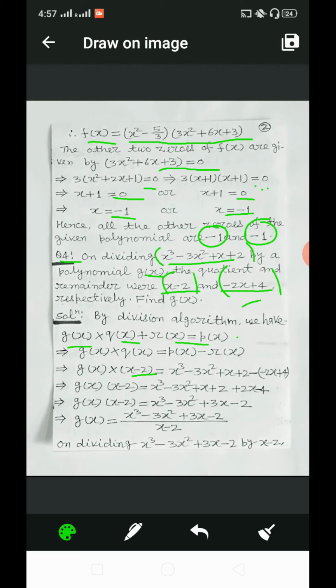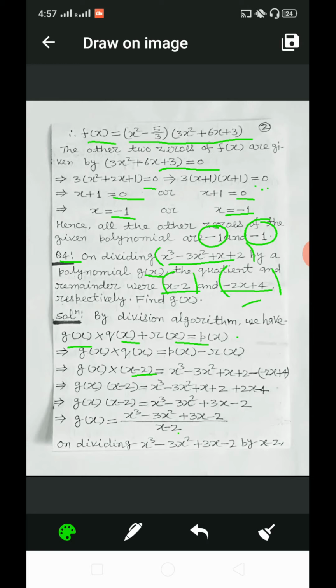This implies g(x) into x minus 2 equal to x cube minus 3x square plus x plus 2 plus 2x minus 4, and after solving we get g(x) into x minus 2 equal to x cube minus 3x square plus 3x minus 2. This implies g(x) is equal to x cube minus 3x square plus 3x minus 2 by x minus 2.